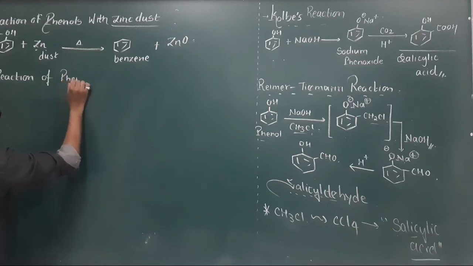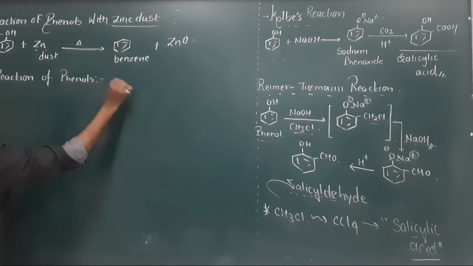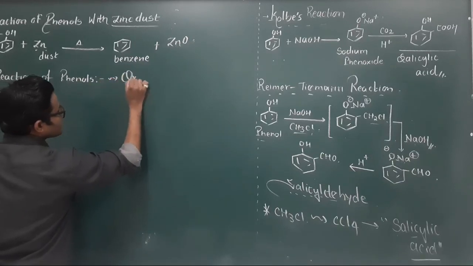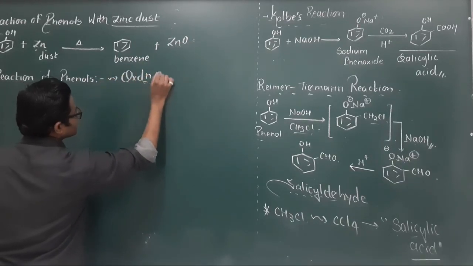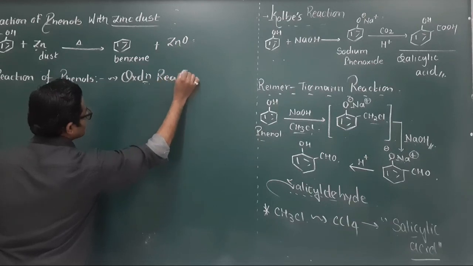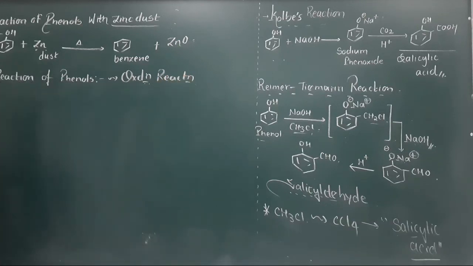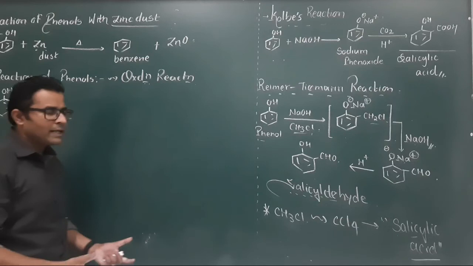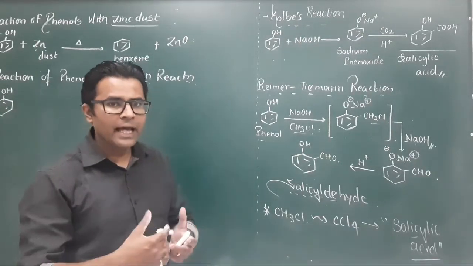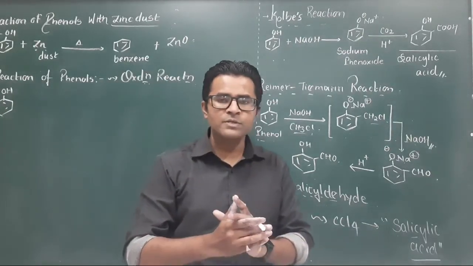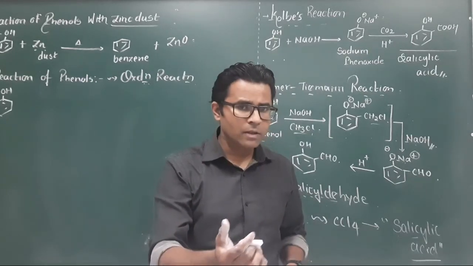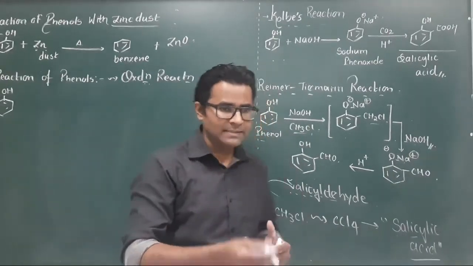Now, when we observe the next set of reactions, that is the reaction of phenols with oxidizing agents, that is nothing more than the oxidation reaction. The phenols usually react with a combination of sodium dichromate along with concentrated sulfuric acid.